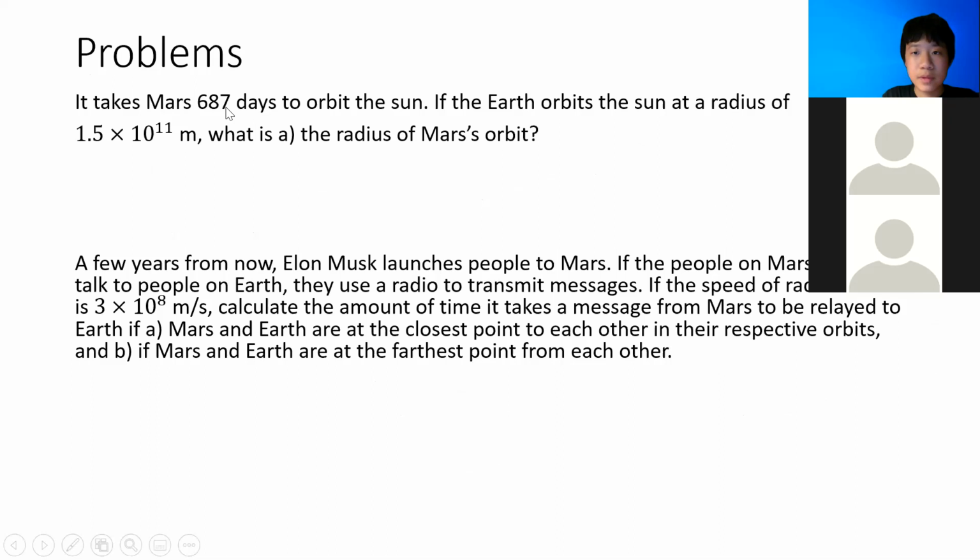Once you solve the first problem here, you can use the answer you got from this problem to solve the next problem. So use the answer from problem 1 to solve problem 2. Once again, when you get the answer, please chat that to me. Let me actually give you guys a hint here.